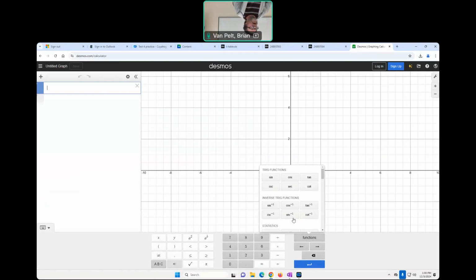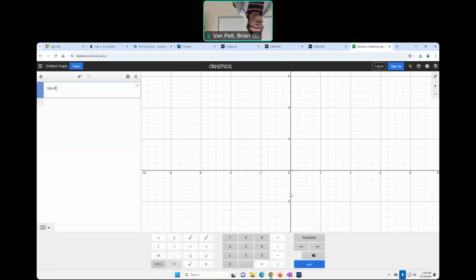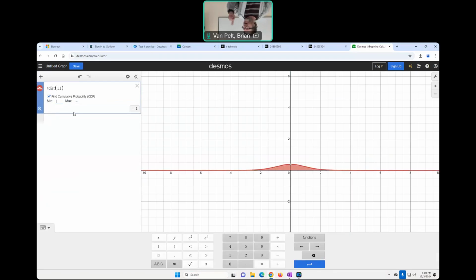In here, I can go to the T distribution, and I have 11 degrees of freedom, right? Now, what was our number that we found? We found negative 1.104, remember? So I'm going to type negative infinity to negative 1.104.